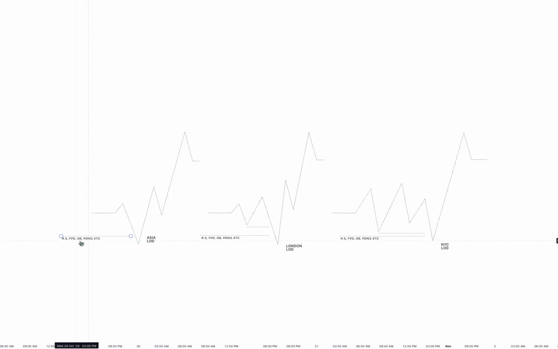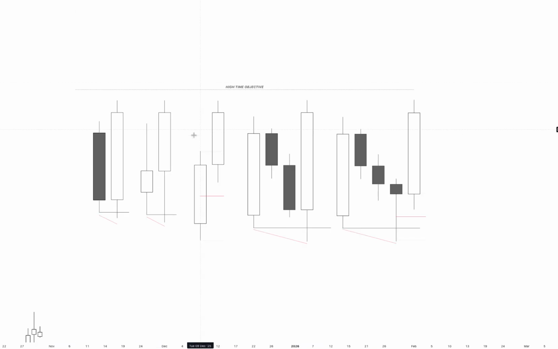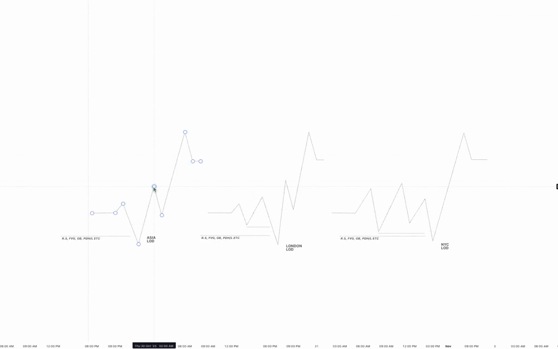I want it to trade into a relevant swing, a fair value gap, order block, or previous day high or low. So basically, open, low, Asia session, give the reversal. London gives you the confirmation by staying away from the reversal, and then you enter in the New York session or whatever you trade.